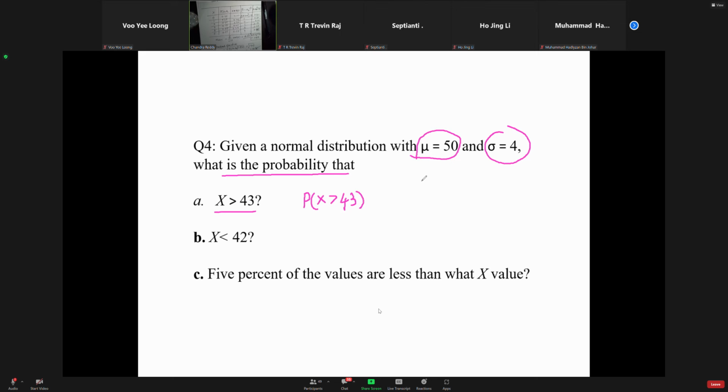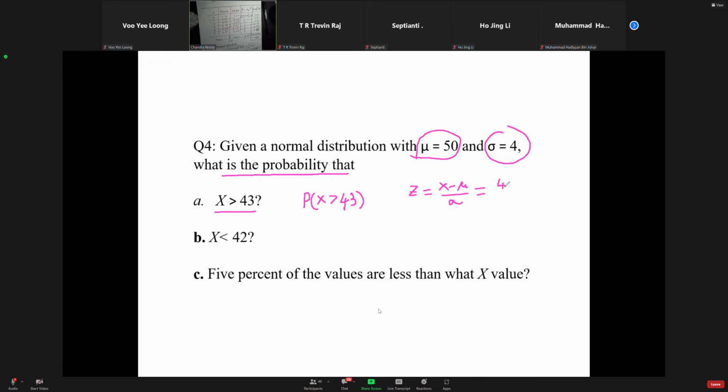First we need to find the Z statistic for this: X minus mu over sigma. When X is 43, what is the Z value?